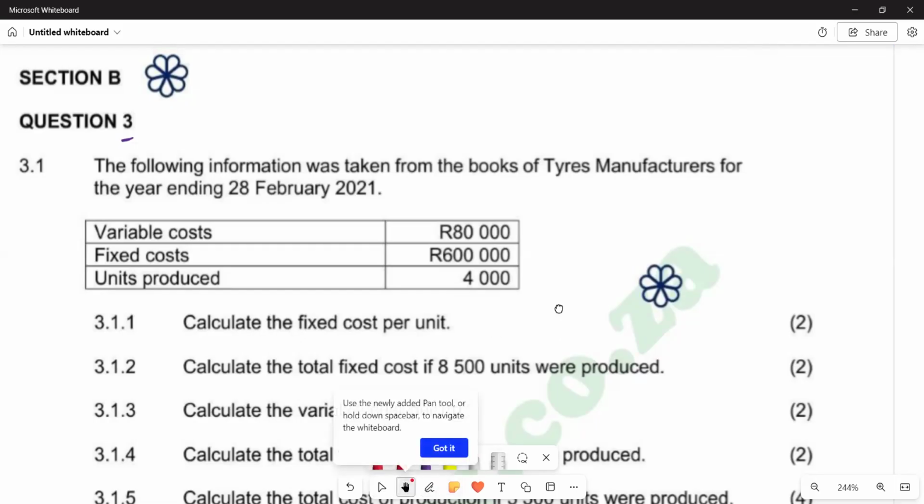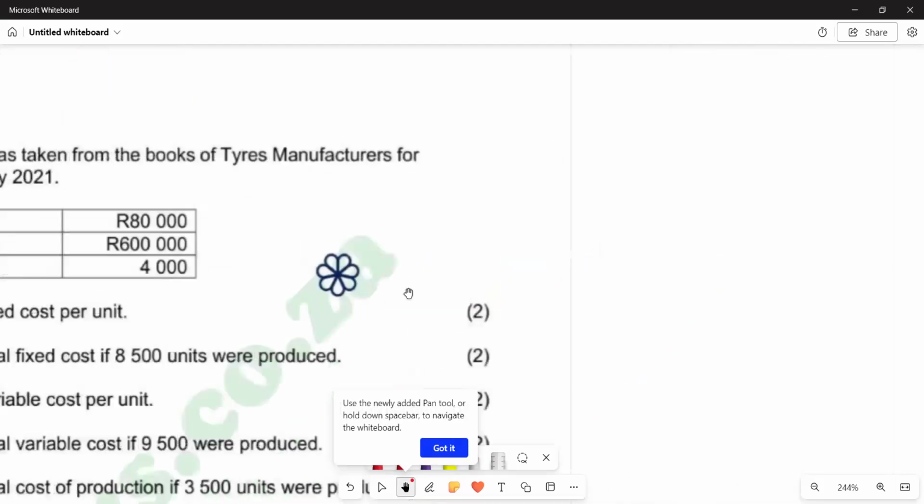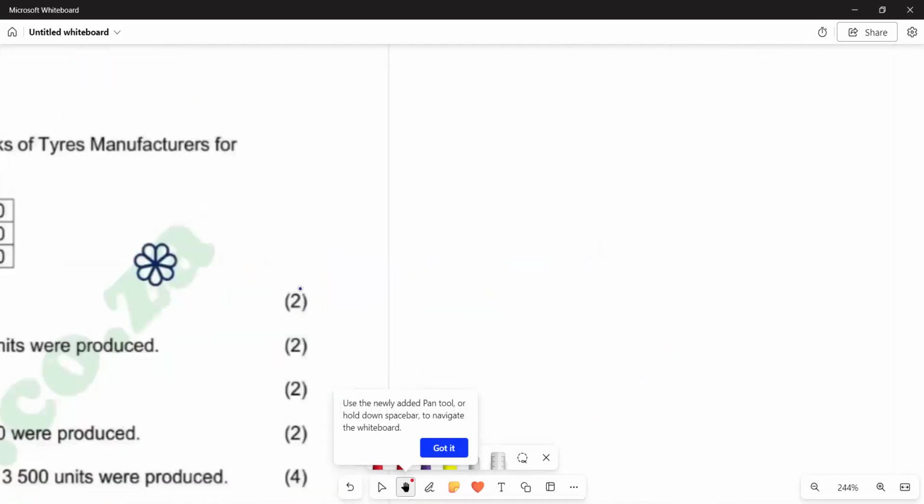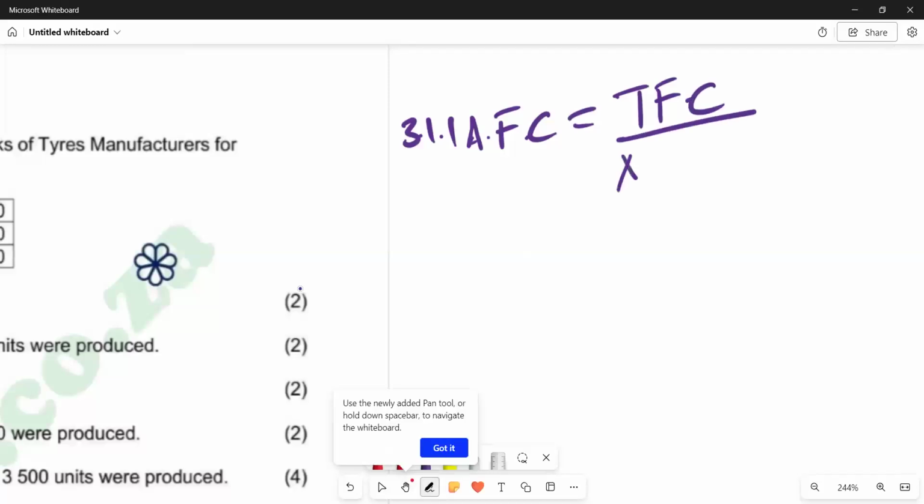So let's go to 3.1.1 and put down the formula first, and then we can look for the elements of that formula. The formula for calculating average fixed cost is equal to total fixed costs over number of units.